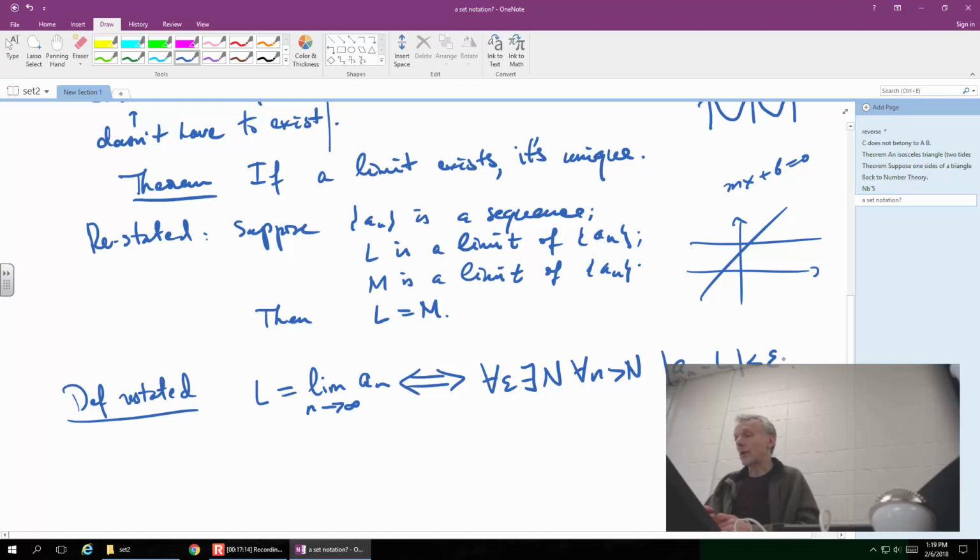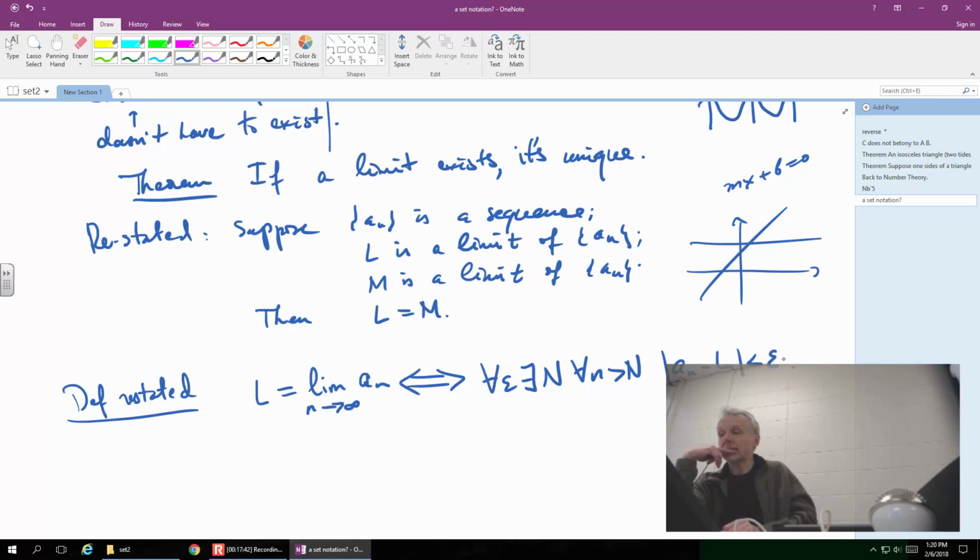Now what trips people up often in this place is the negation. Negation is important: the limit exists, does not exist, and it applies to all the rest of the limits in calculus, including derivative and integral. So what does it mean that the limit does not exist?